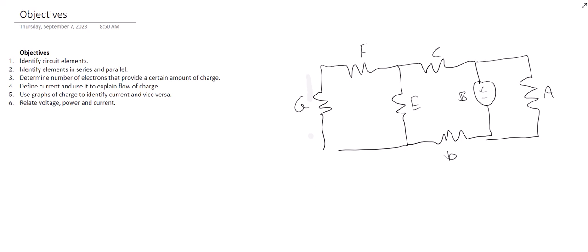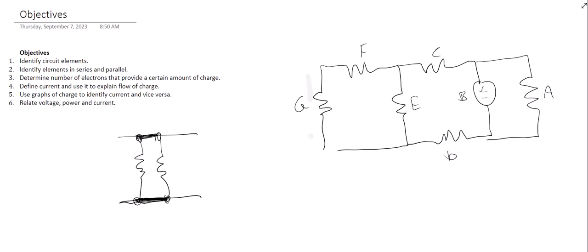Things that are in parallel have to be such that the ends of the two elements have to be touching. So like these ends have to be connected by a conductor, and these ends have to be connected by a conductor with nothing in between. So things that are connected by a conductor with nothing in between are always at the same voltage.